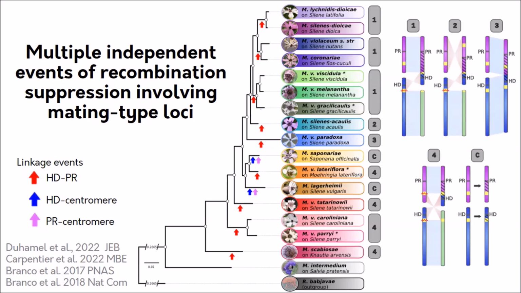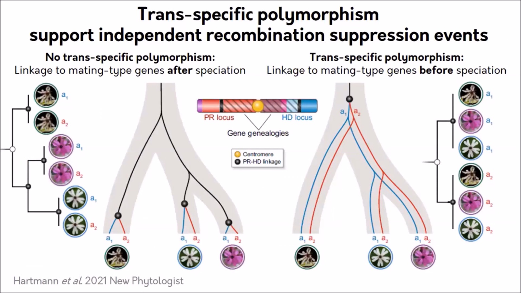So that was a first interesting result. The different rearrangements were a first indication of different events, but also the trans-specific polymorphism showed independent recombination suppression events across the phylogeny. So the idea is that we look at the gene genealogy of genes that are between the HD and PR loci on the mating type chromosome.